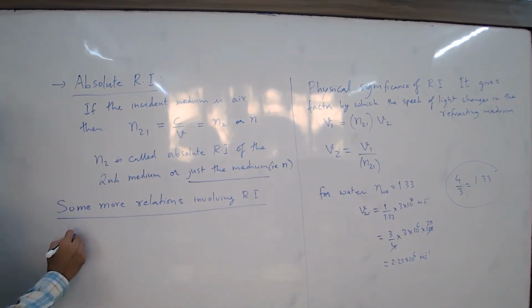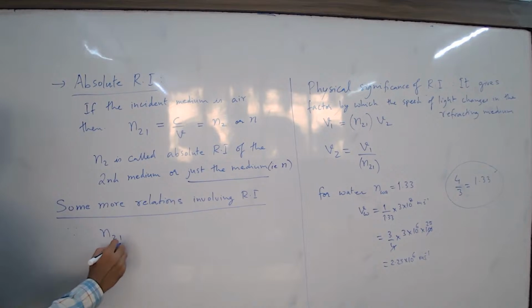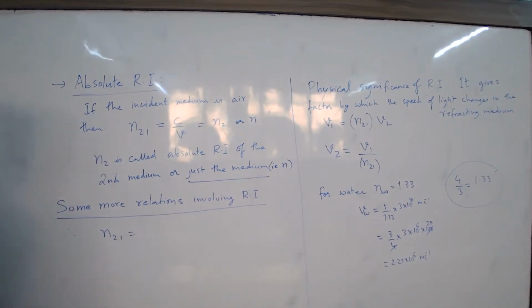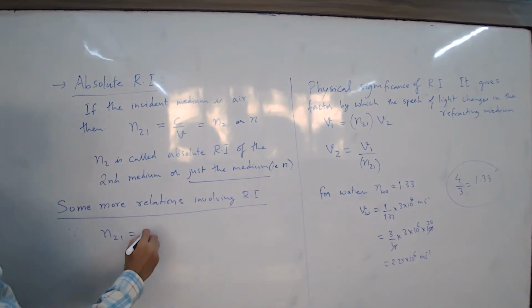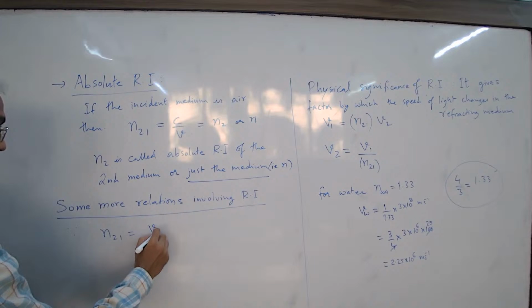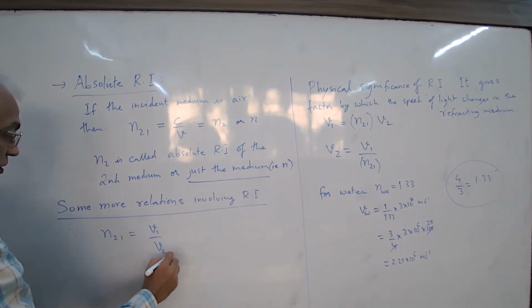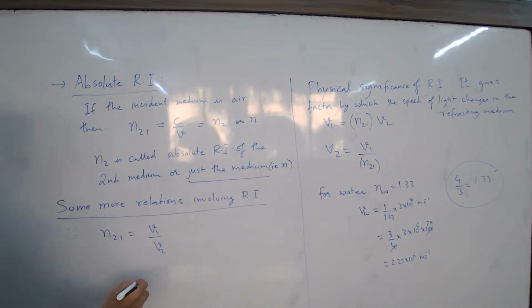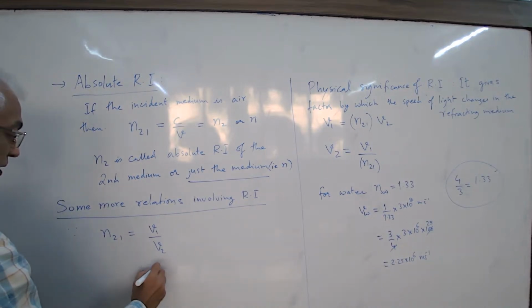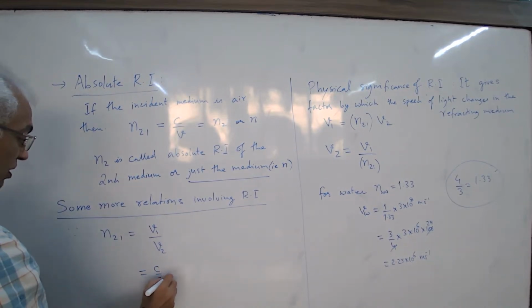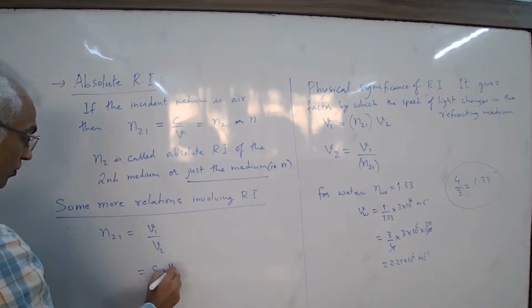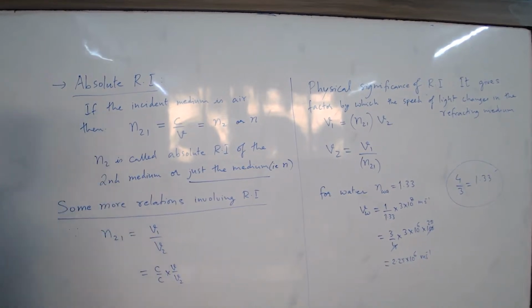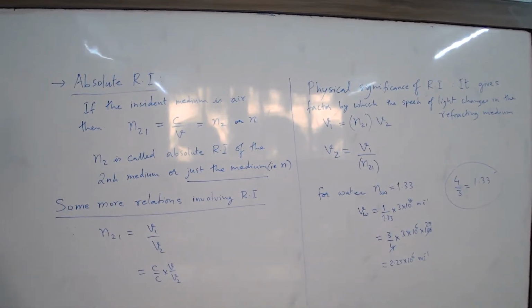So since N21 is equal to, what is it? V1 by V2 in general. Correct? So now you can multiply and divide by the speed of light, C. Can we do this? Multiply and divide by C.